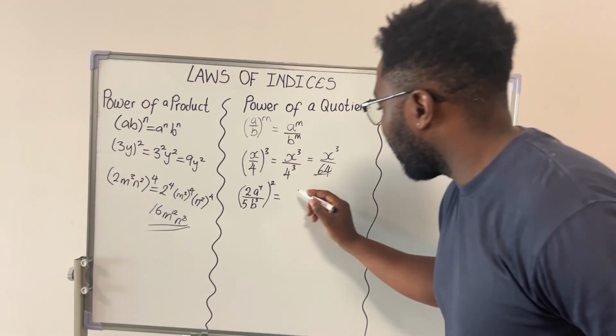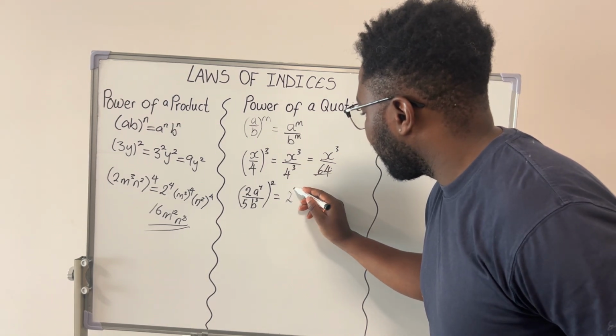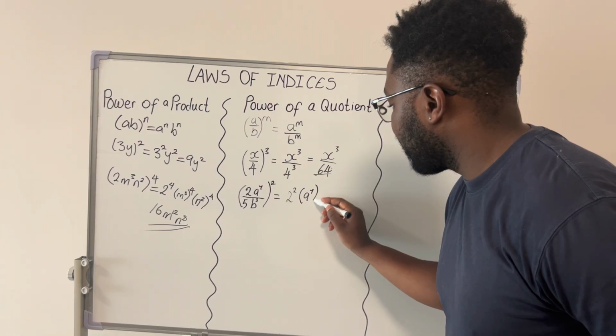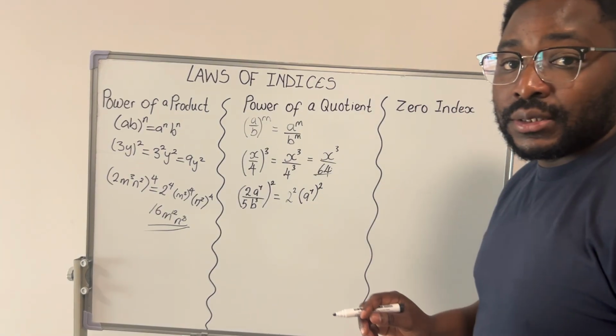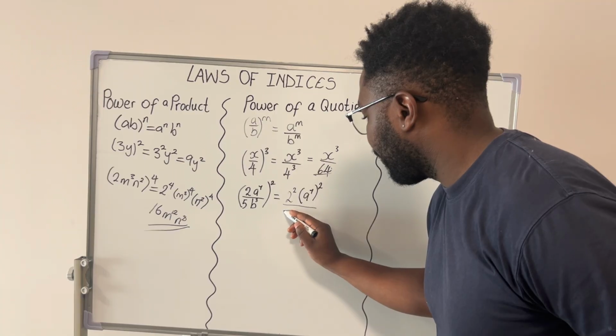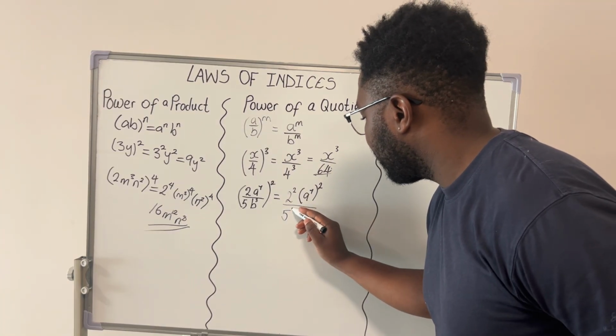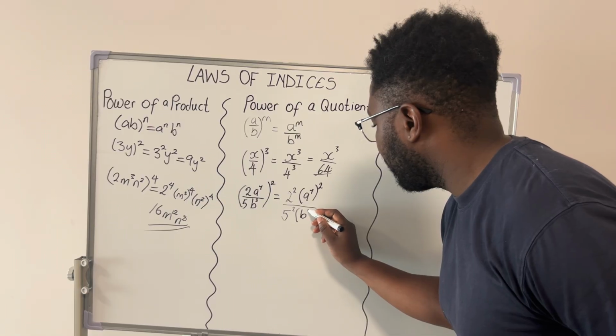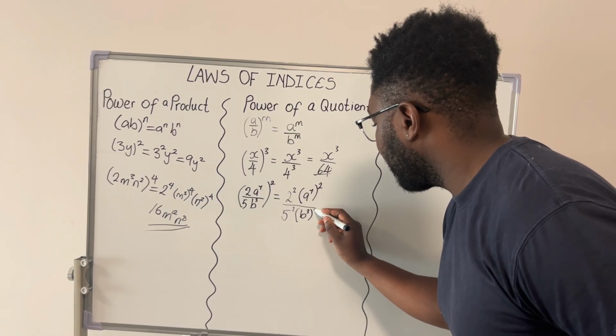So we'll have 2 to the power 2, then in brackets a to the power 7 raised to the power 2, over 5 to the power 2, and b cubed raised to the power 2.